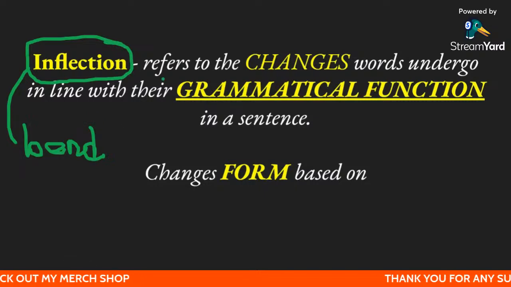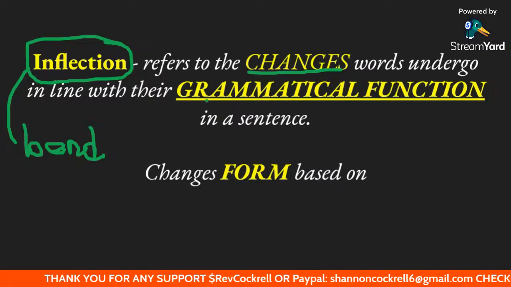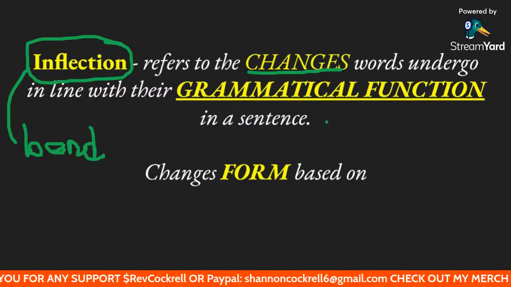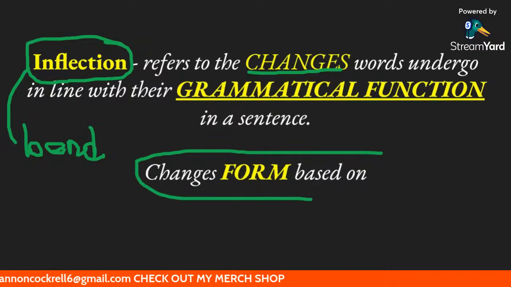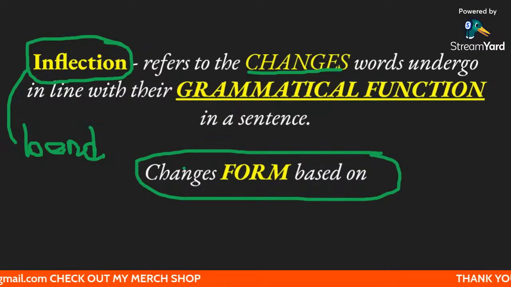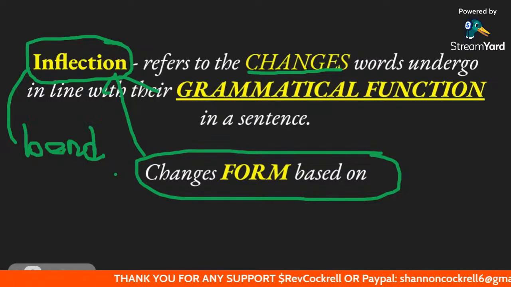So what is inflection? Inflection refers to the changes that a word undergoes that reflect its grammatical function in the sentence. So inflection refers to the changes in form based on the role.